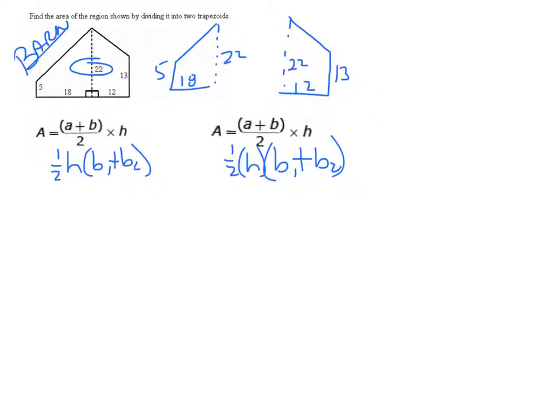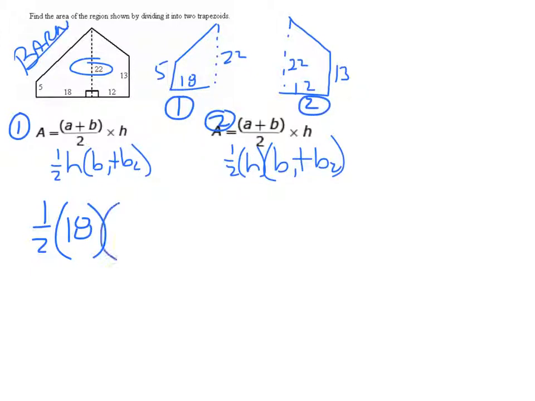So if we throw this together, we're going to have in our problem 1/2. Our height in this case is going to be 18. And we're dealing with this as the first object, this as the second object. And that makes it a little bit easier once you identify what you're dealing with. And then you have the two bases that you're sharing. So 5 plus 22. And if we set up the other one, we have 1/2 times our height, which is going to be 12.